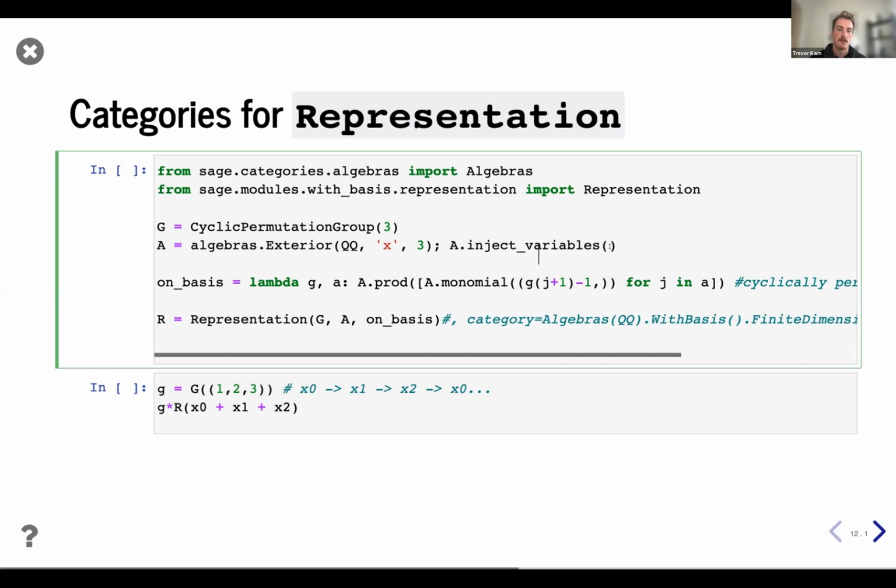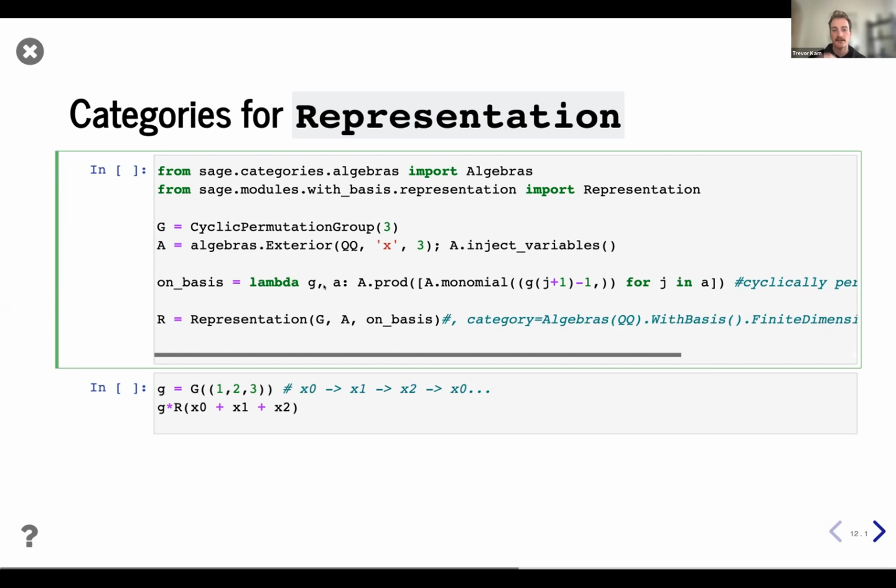Okay. And then we should also define this Z mod 3Z action on A. So I'm going to do that by defining a lambda function. And the inputs are going to be G, which is going to be a group element, and A, which is going to be an algebra element. So this is currently acting on the left.